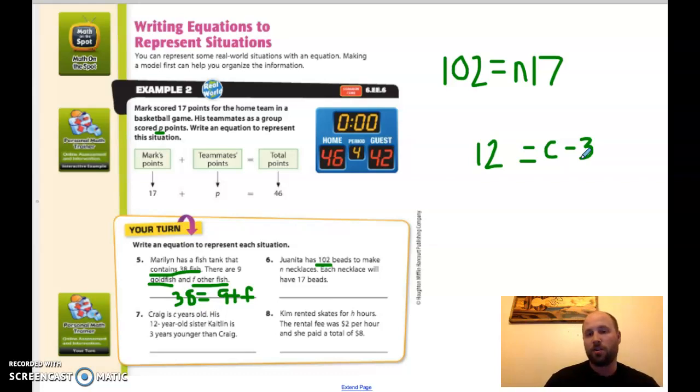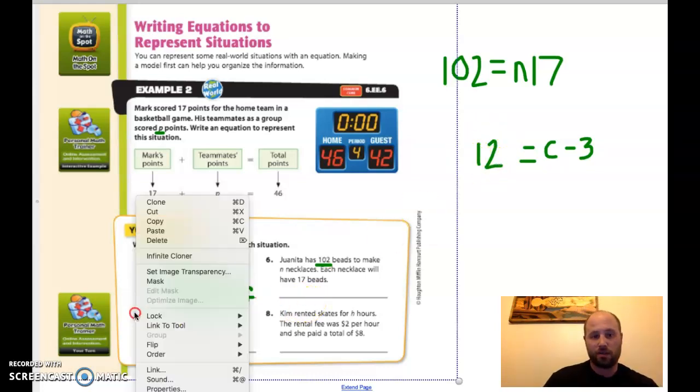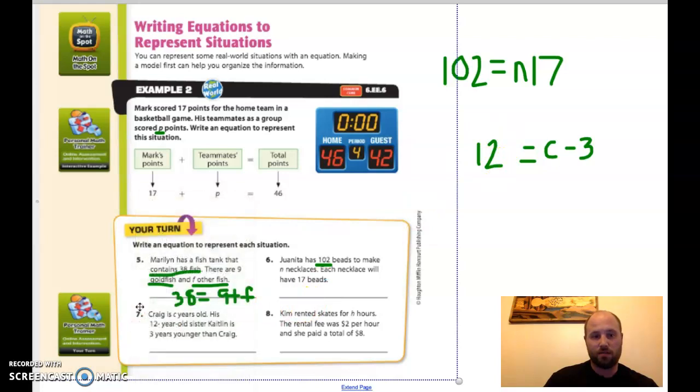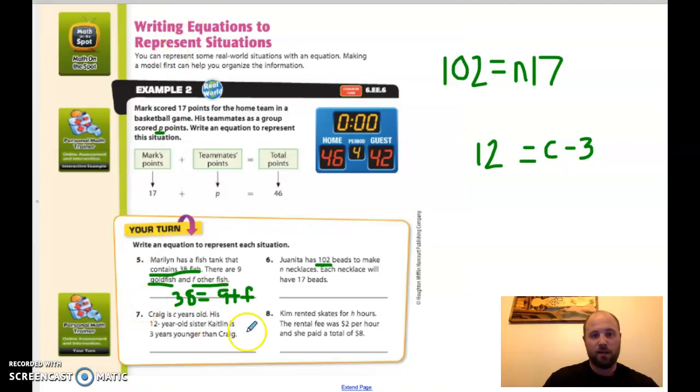So if you were to do this, you would add 3 on this side, and you add 3 on this side, you get 15 equals C. 15 minus 3 is 12, okay? So this is your equation for 7. Sorry, guys. All right, so this is 7.